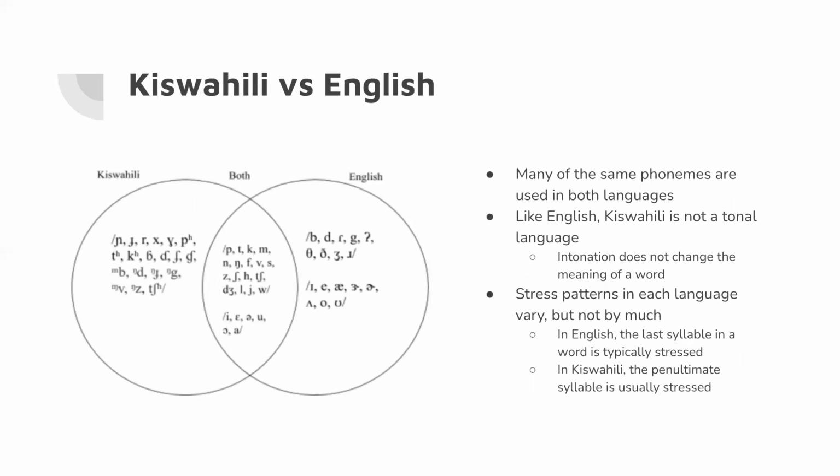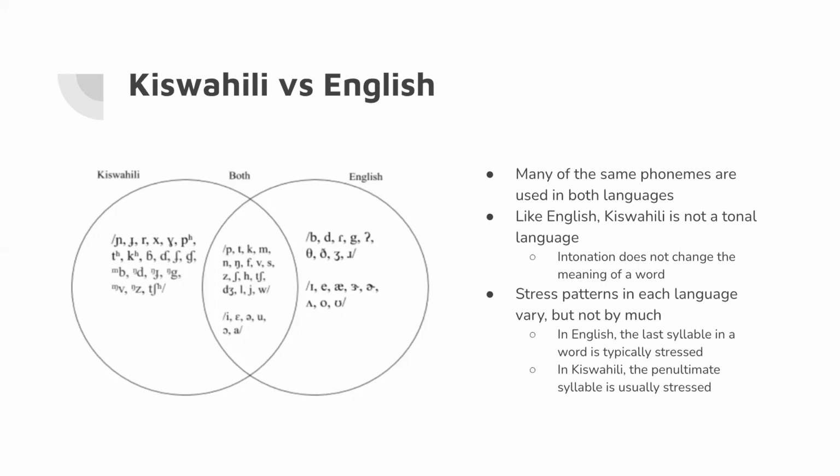And then this is a Venn diagram that compares all of the phonemes used in both Kiswahili and English. So you can see by this comparison that many of the phonemes used in Kiswahili and English do overlap, again, with the biggest phonemic difference lying in the vowels. So the different vowel sounds, English uses a lot more vowel sounds.